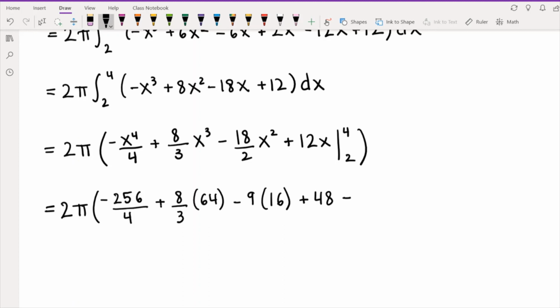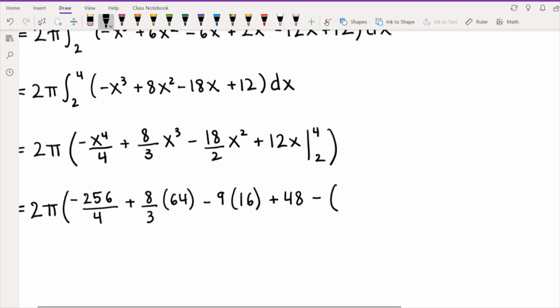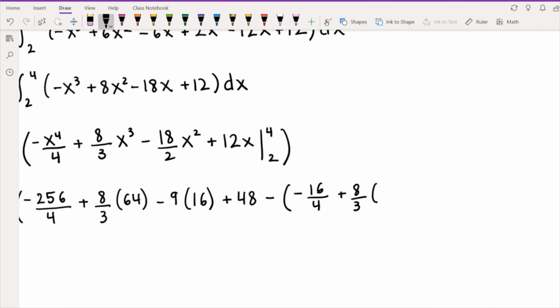And then from that, we're subtracting. Now we have to plug in 2. So plugging in 2 is going to give us negative, so 2 to the 4th is 16. So we have negative 16 over 4 plus 8/3 times 8 minus 9 times 4 plus 2 times 12 is 24.